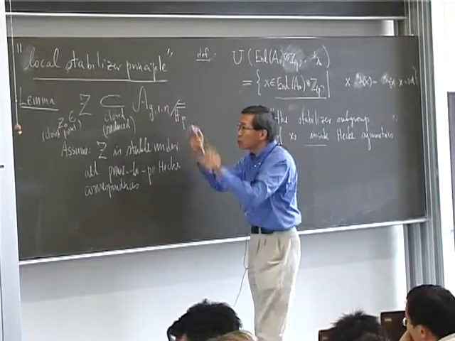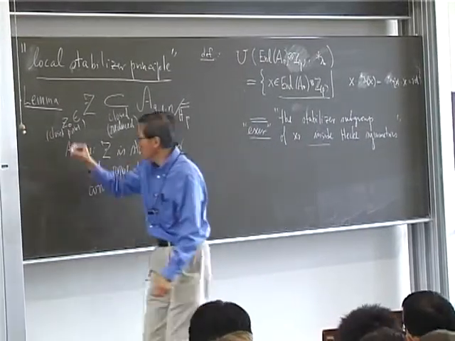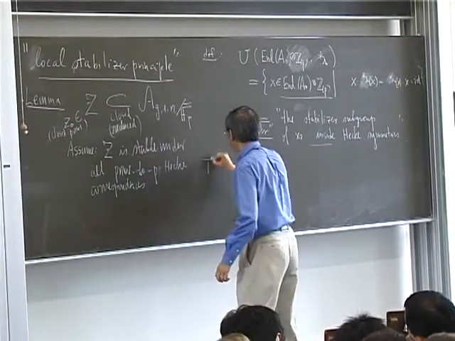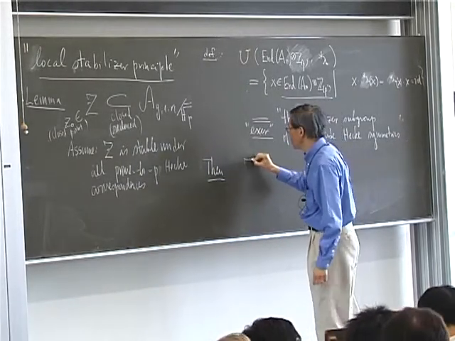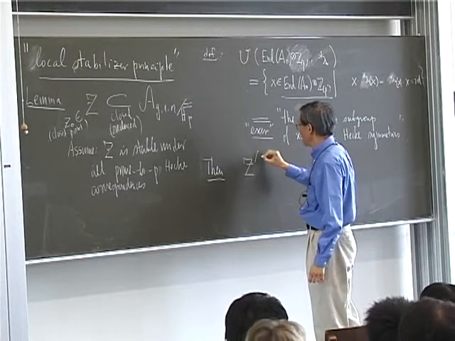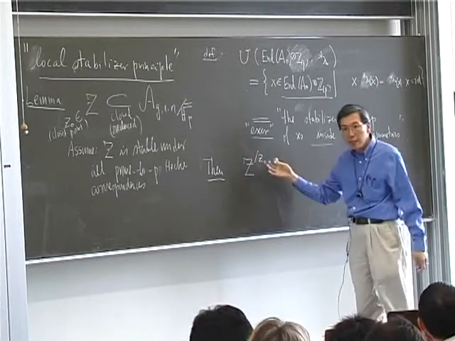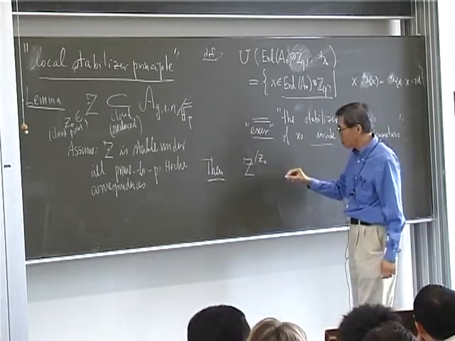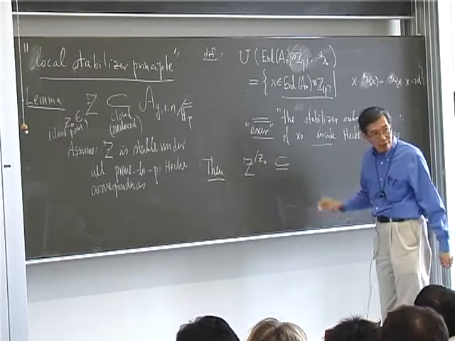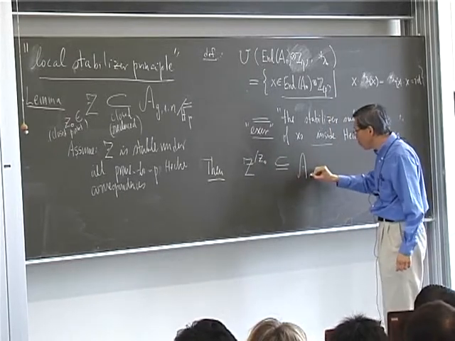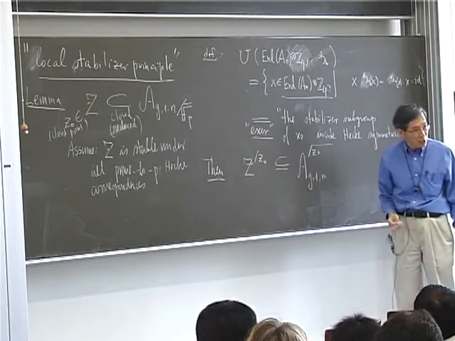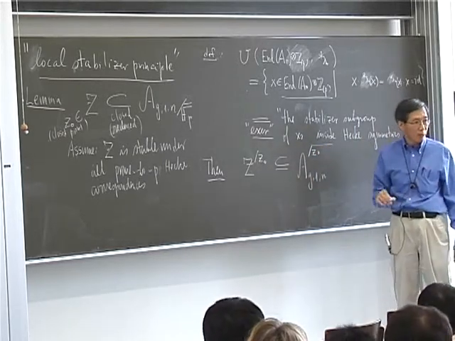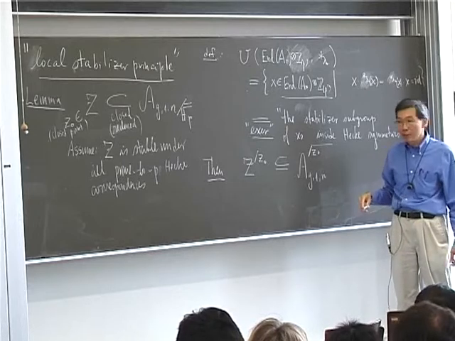And the local stabilizer principle, the lemma, it says that then Z, localized or completed as Z0. So I remind you what this is. This is a formal subscheme of this smooth formal scheme, which is the formal spectrum of a power series ring.